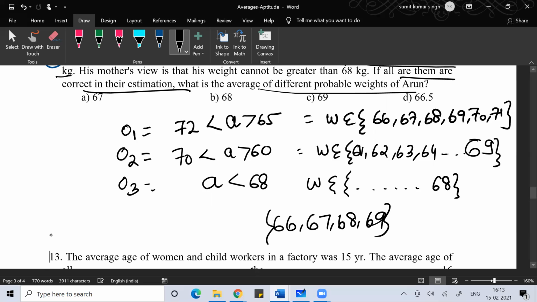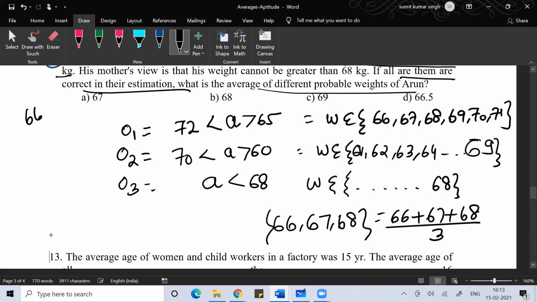If I take 3 also, then it cannot be more than 68. So maximum we can take is 68. If I consider 1, 2 and 3, then his weight can be either 66, 67 or 68. So what is the average of this? This is 66 plus 67 plus 68 divided by 3.